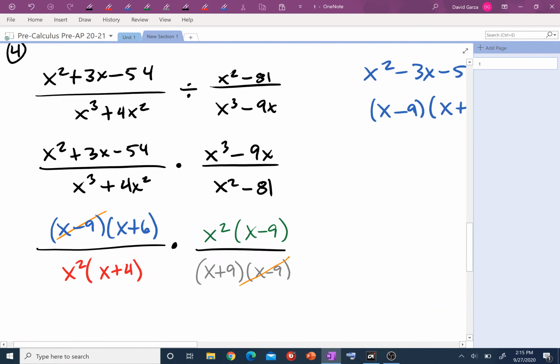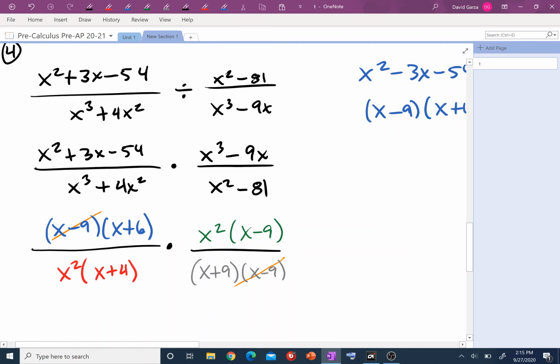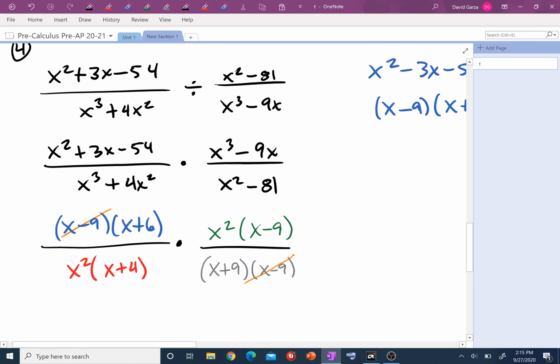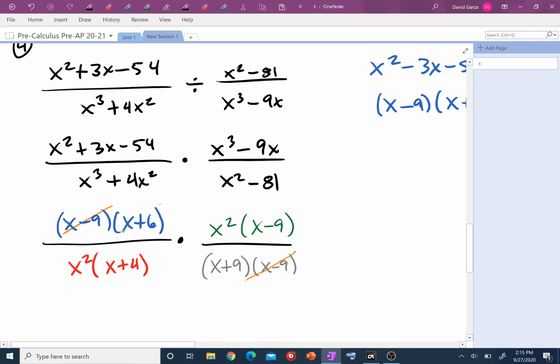Yeah, so then we have an x plus 6. Cancel that out. Actually, there's nothing to cancel there, so we're going to keep that x minus 9. But we can cancel out this x squared. And I believe that's it. Is there an x plus 4 somewhere? Nope, that's it.